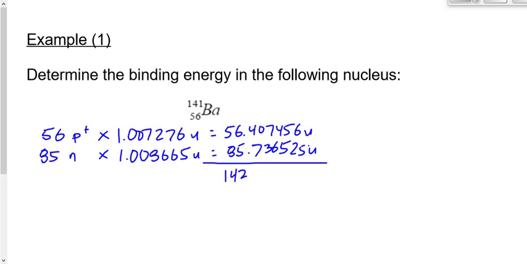We add those up. We get 142.143981 atomic mass units. This is the mass of the nucleons. Those are the protons and neutrons that make up the nucleus.